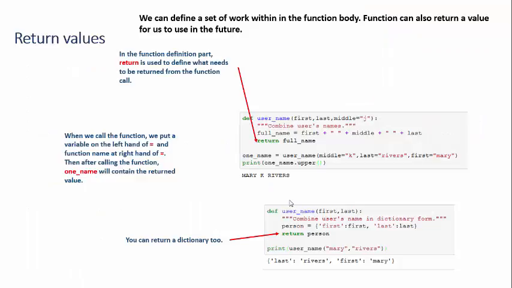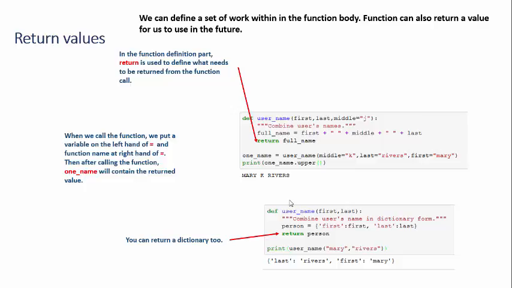For the return value, when we define a function, some of the tasks can be done within the function, like we ask the function to print out something. But sometimes we want the function to return a value to the main program, so that we can use that value for future analysis or future actions in the main program.